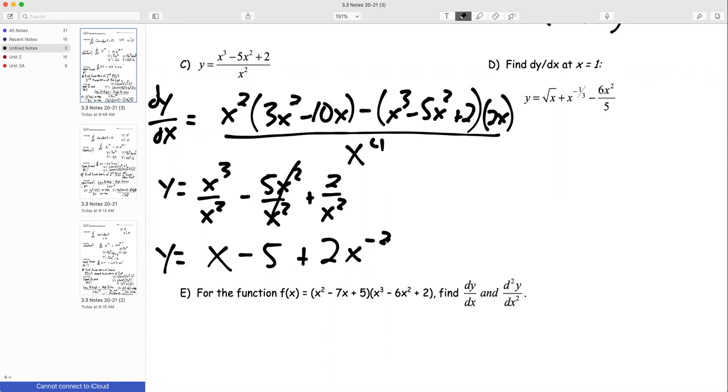But I'm still not done because I haven't taken the derivative. All I've done is simplify it, but now the derivative is not hard. Derivative of x is, maybe I spoke too soon. Derivative of x, 1. Derivative of negative 5, 0. Derivative of 2x to the negative 2, negative 4x to the negative 2 minus 1, negative 3.